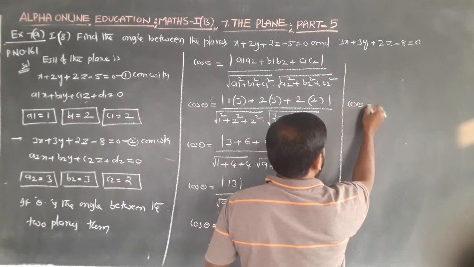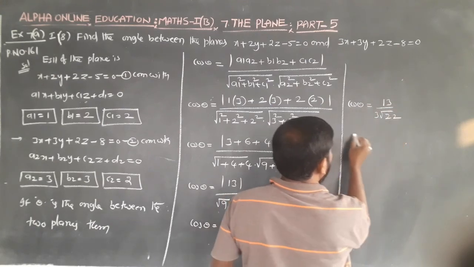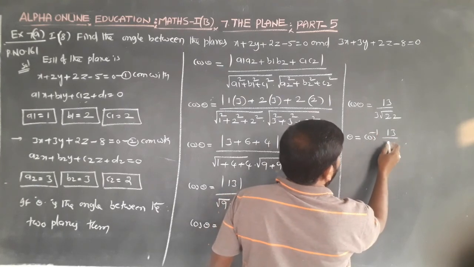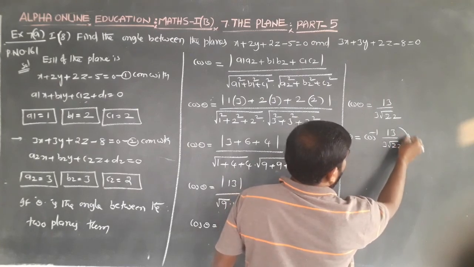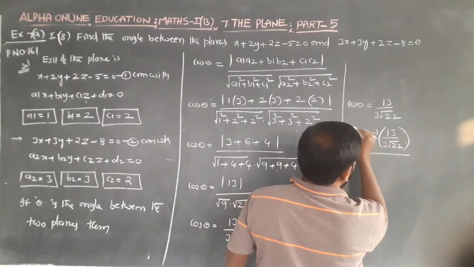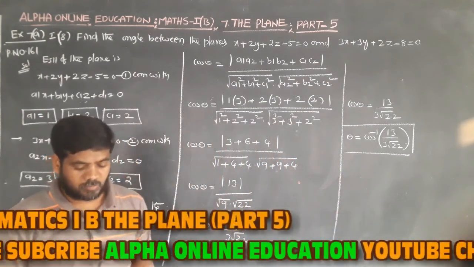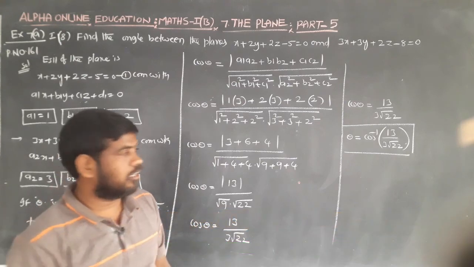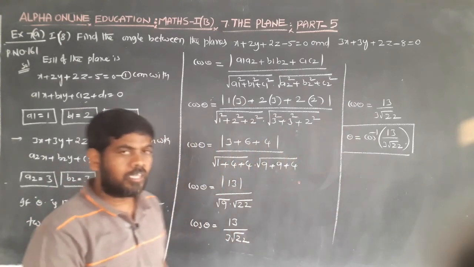Cos theta is equal to 13 by 3 root 22, means theta is equal to cos inverse of 13 by 3 root 22 is the answer. Theta is equal to cos inverse of 13 by 3 root 22 is the angle between the two planes. This is the process.